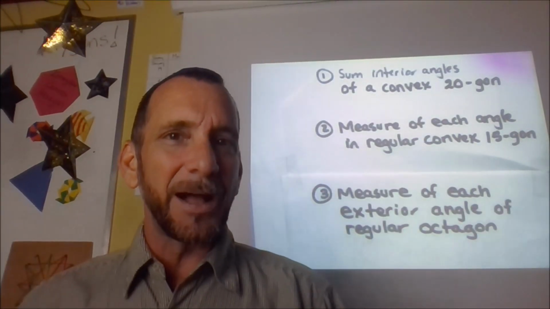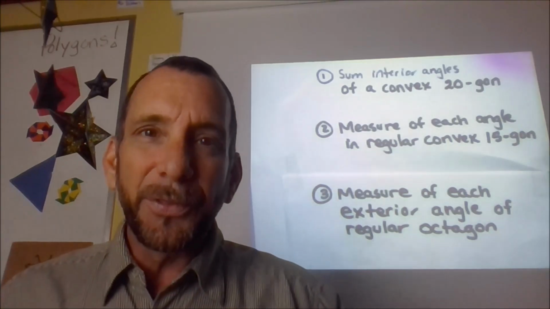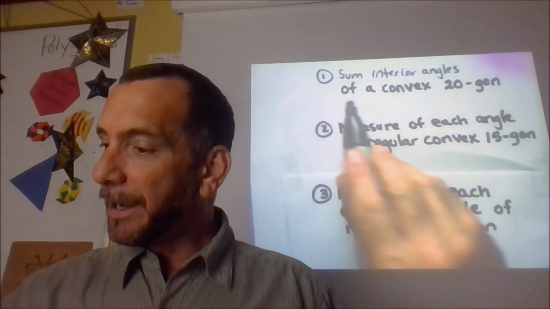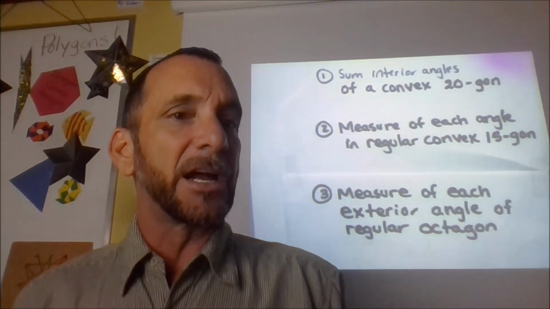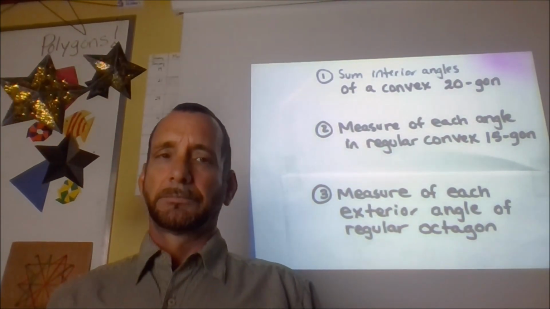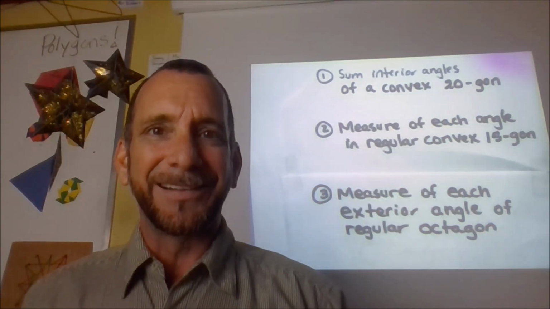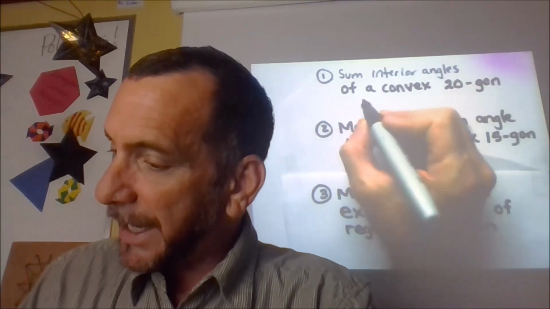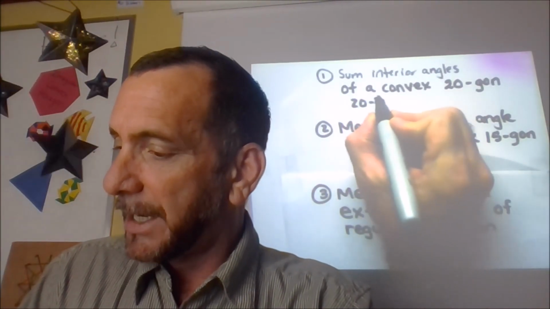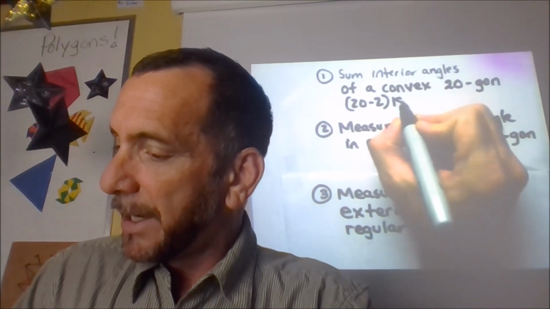Three last problems, easy but worth mentioning. Here we are. We want the sum of the interior angles of a convex 20-sided polygon. Here we go. 20. So it's n minus 2 times 180. I'm just going to do 20 minus 2 times 180.